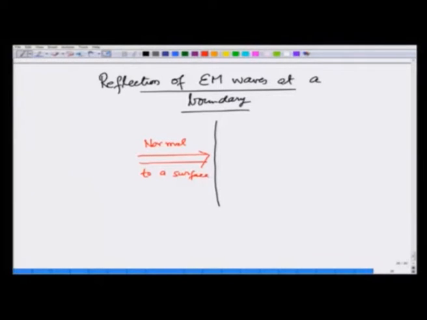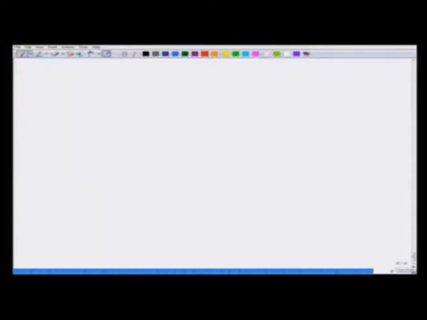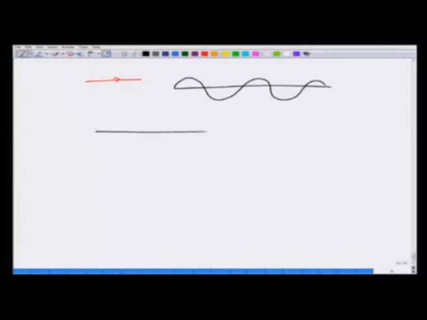But first, to understand that it is the boundary that gives rise to reflection, let us first understand it with a mechanical wave, for example, a wave on a string. Suppose we take two different strings, one of mass mu 1 per meter, the other of a slightly different mass mu 2 per meter.